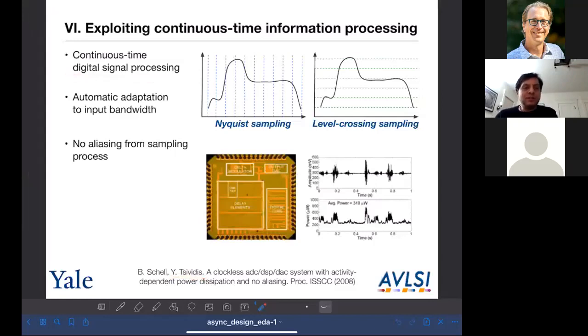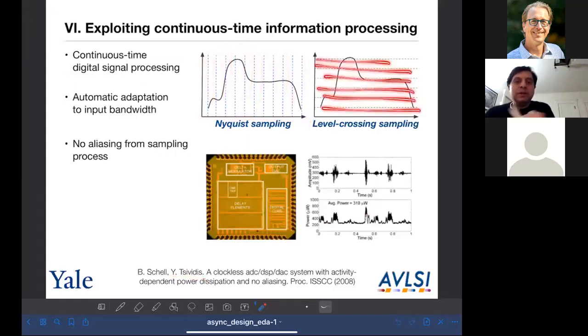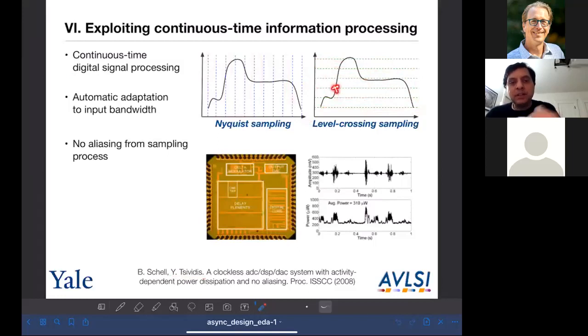Normally when you have a signal, you sample it periodically in time, with Nyquist sampling. You get samples, you do your usual DSP. This is a signal processing engine where instead of sampling in time, you sample in value. So you get a sample when the signal crosses a threshold. Okay, so you get non-uniform sampling.